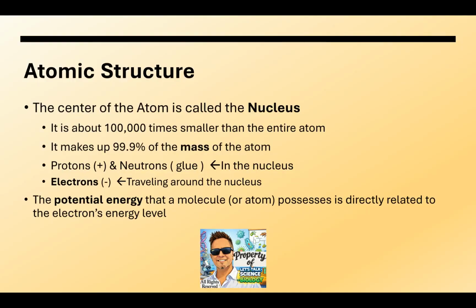The reason why things like sugars and carbohydrates have a large amount of stored potential energy is because their electrons are bound in a way that forms bonds that store a little bit of the energy. And so when those bonds break, that energy can be utilized to do something like perhaps form ATP or form other molecules or make things move. So electrons are crucially important, not only to how chemistry works, but also to biology.